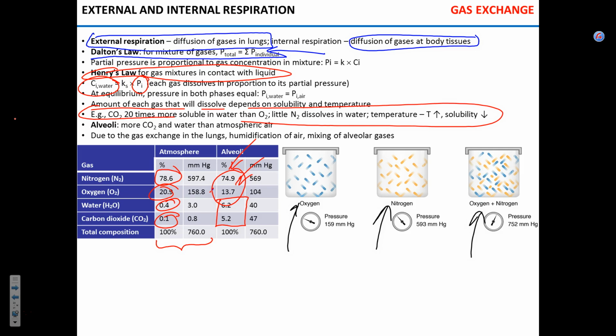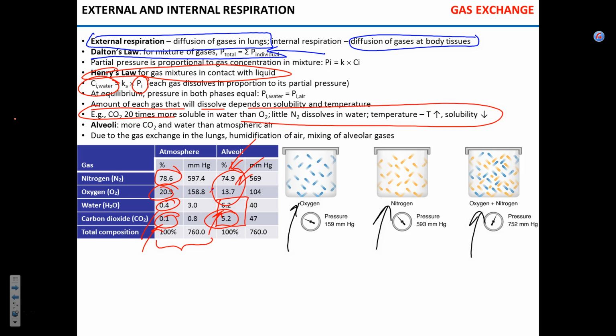Yes. So when we compare carbon dioxide in the lungs to carbon dioxide in the air, carbon dioxide in the lungs is 6.2%. Carbon dioxide in the air is 0.1. Does that make sense?